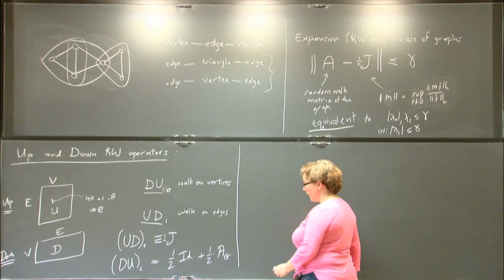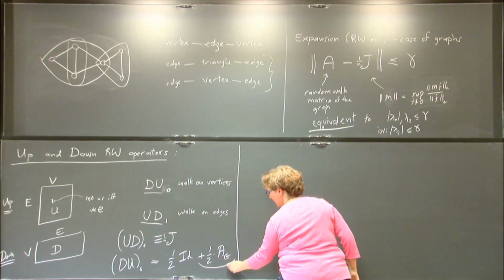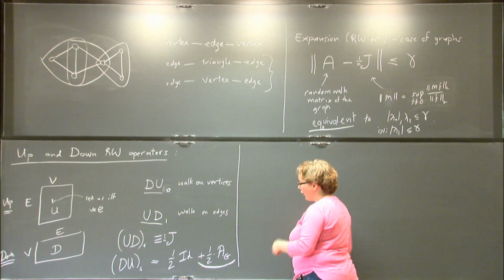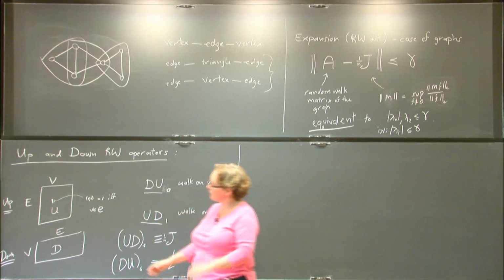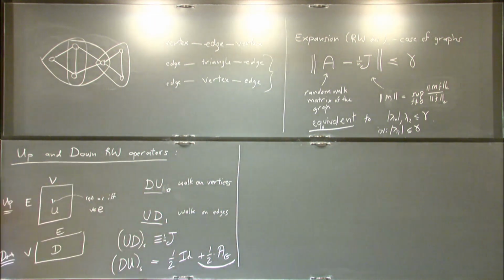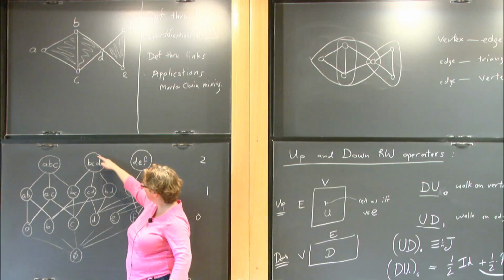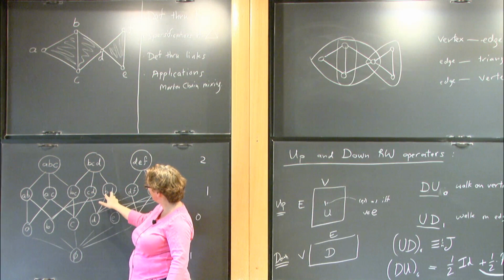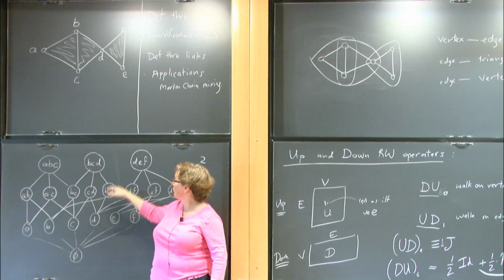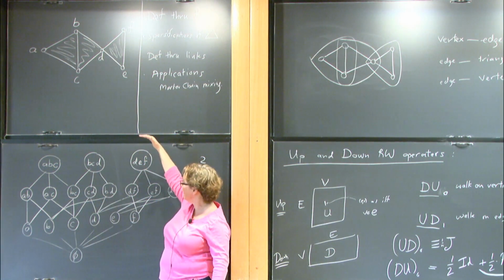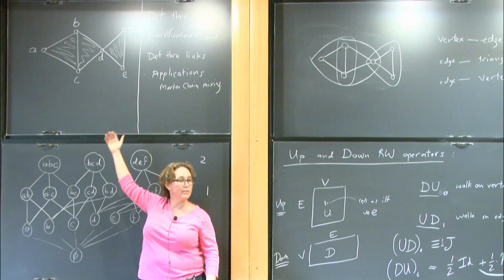Okay, so in general, I want to denote this part, the non-lazy part of the up-down operator. Notice that also if I go up-down in higher levels, there's some non-trivial probability of going back. If I go up from an edge to a triangle, a triangle contains 3 edges, so there's probability 1/3 of going back. Even if I'm at level 16, there's going to be probability 1/16 of going back.